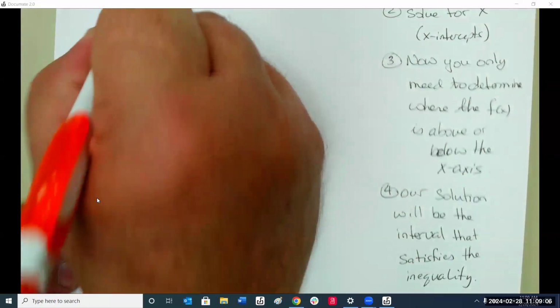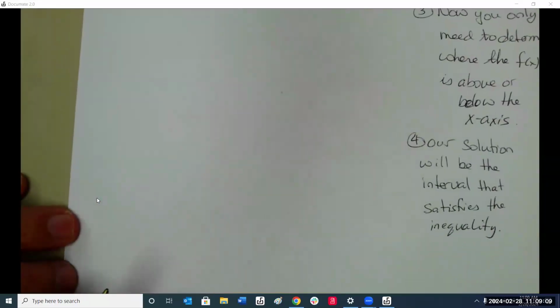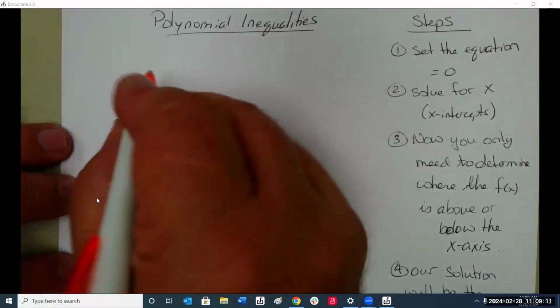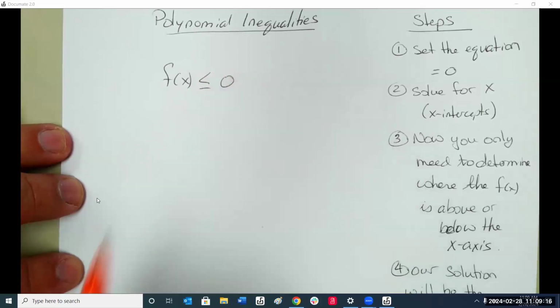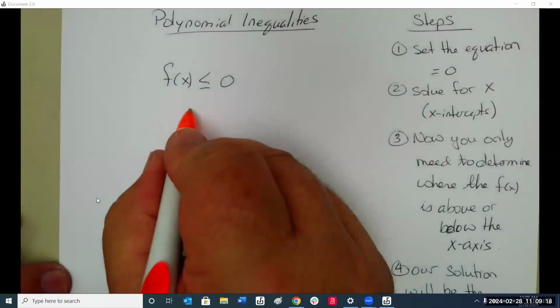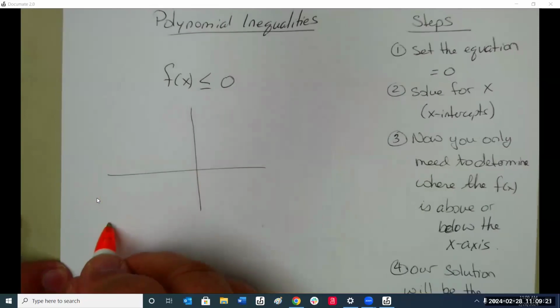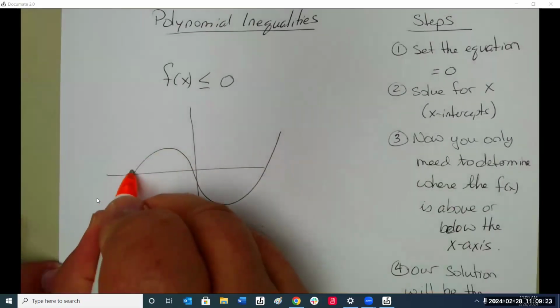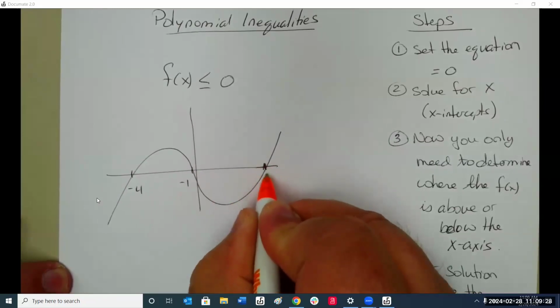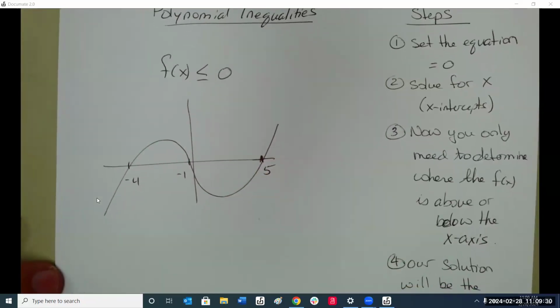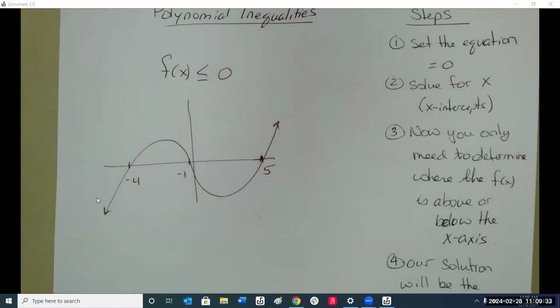So for example, if we said our f of x is less than or equal to 0, and this is our graph of our function, what would be our solution?